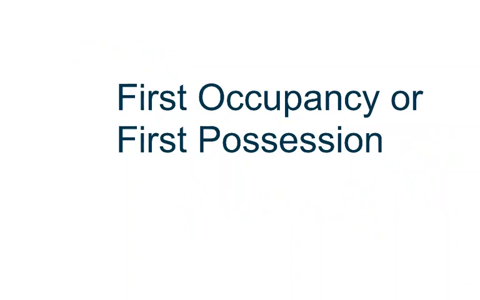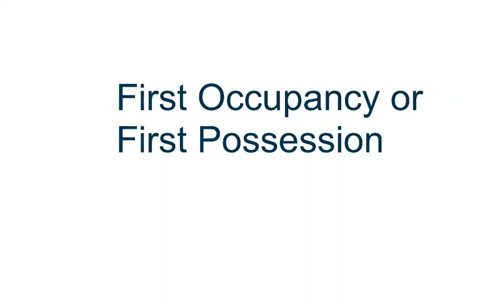The first occupancy theory, or first possession theory, was most notably articulated by a philosopher by the name of Samuel Pufendorf. He articulated this theory by saying that the first person to use property should be given private ownership of that property because they weren't taking that property away from anyone else.